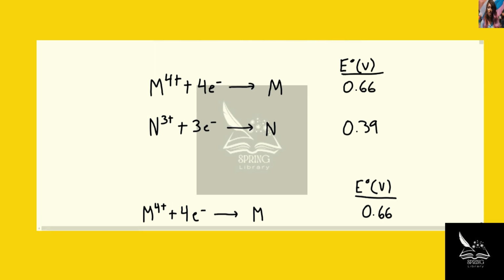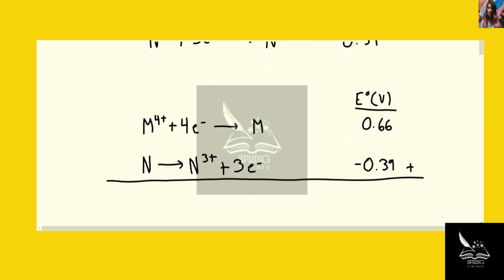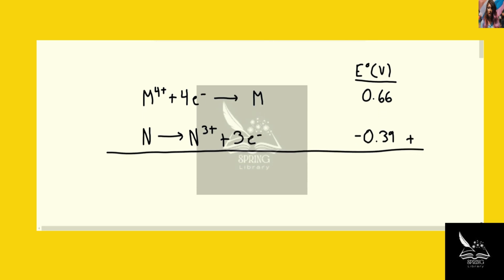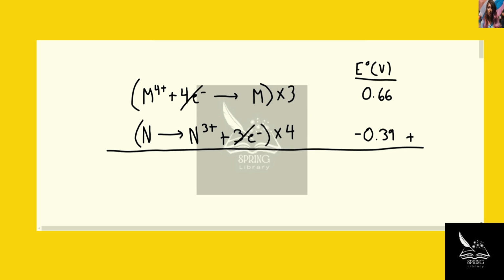And so that means that this second reaction we have to reverse and also reverse the sign of the standard reduction potential. And when we do that and combine the equations, we see that we need to multiply the top equation by 3 and the bottom equation by 4, so we cancel off 12 total electrons on each side.